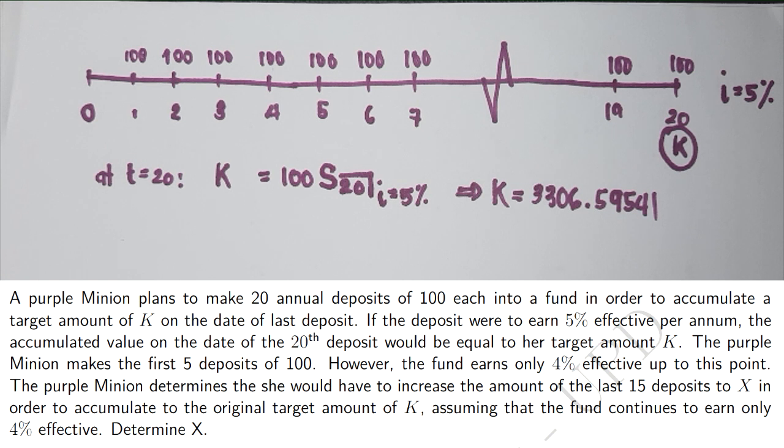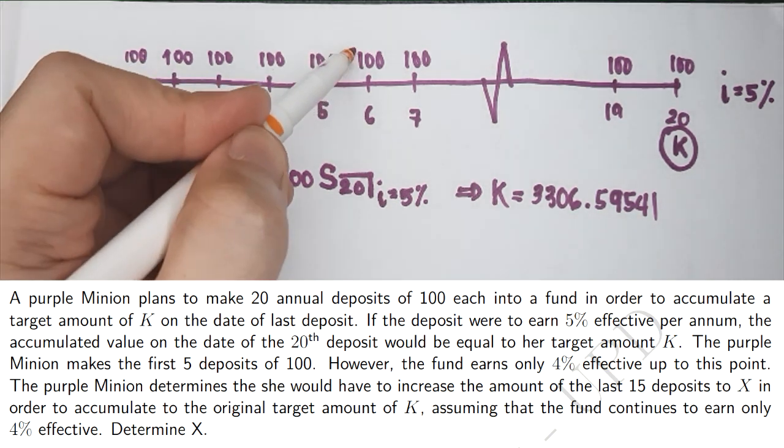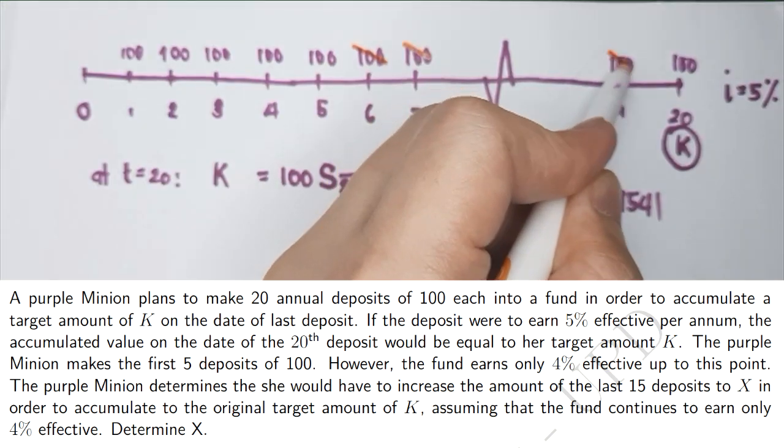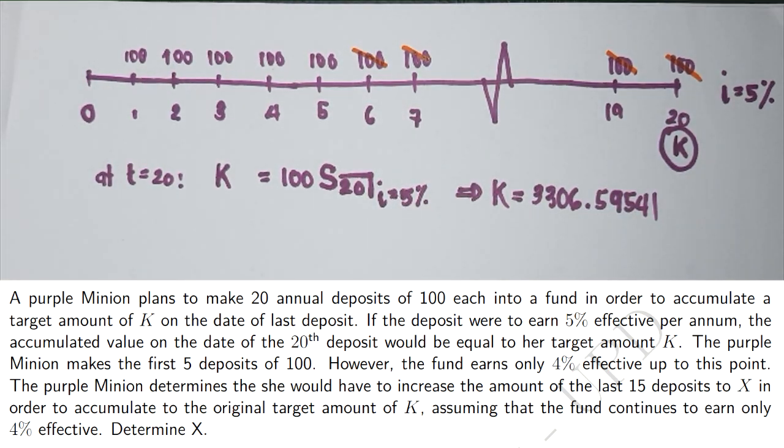So, sabi ni Purple Minion, kailangan daw niyang i-increase yung deposits niya. Kasi pag hindi niya ginawa yun, kapag ni-retain niya na 100, tapos 4% pa rin yung rate of interest, hindi niya ma-achieve yung target K niya. So, to be able to achieve his target K, kailangan i-increase niya yung amount. So, ibig sabihin, hindi na 100 yung mga remaining deposits niya.